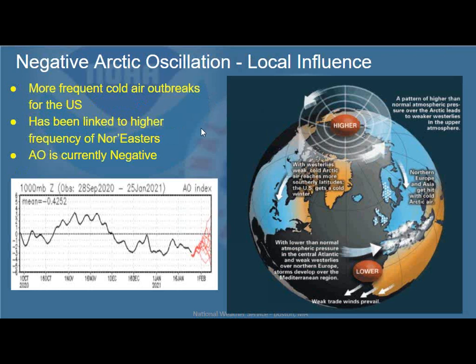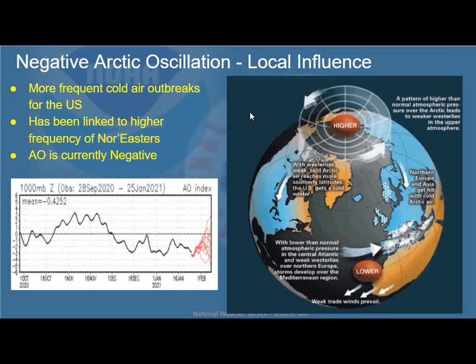Right now, the AO is actually positive. But you may remember that during the first two weeks of February, in fact into the third week as well, we had a pretty snowy pattern, and we were in a deeply negative AO phase, going into neutral and actually slightly positive.